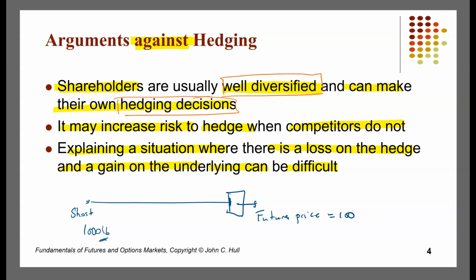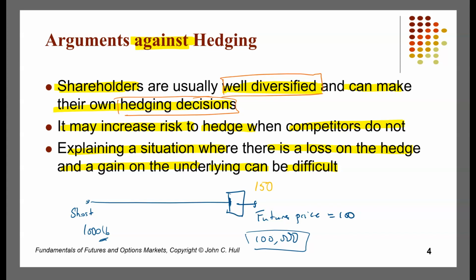You're going to sell the 1,000 pounds for $100, so you're going to get 100,000 for that underlying in the future. That's what the futures contract says. That's locked in.